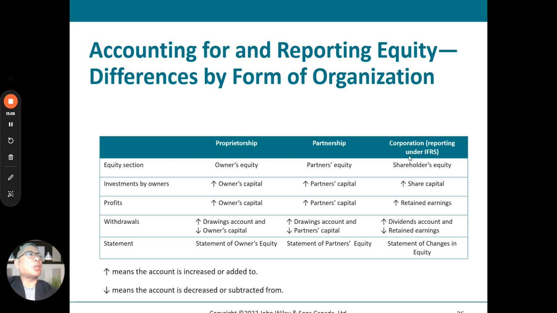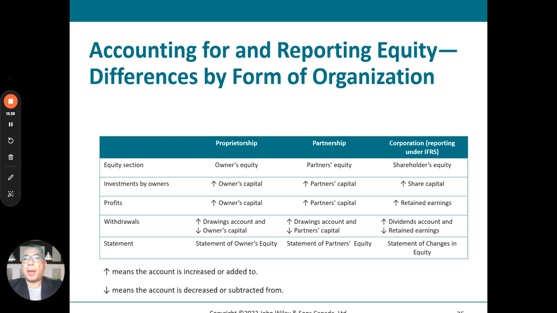Profits increase the owner's capital, and in the corporation will increase retained earnings. In terms of withdrawals, see the graphic here: drawing account and owner's capital, drawing account and partner's capital, dividend account and retained earnings. So it is the statement of owner's equity or changes in equity. The upside arrow means the account is increased or added to. The downside arrow means the amount is decreased or subtracted from. Okay.